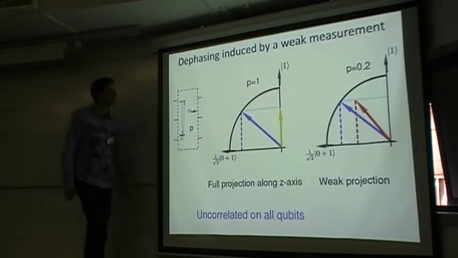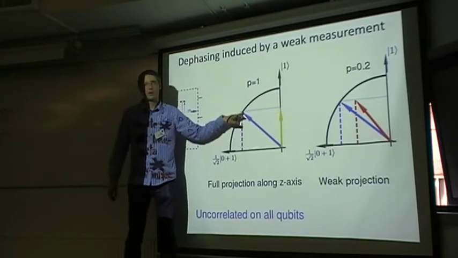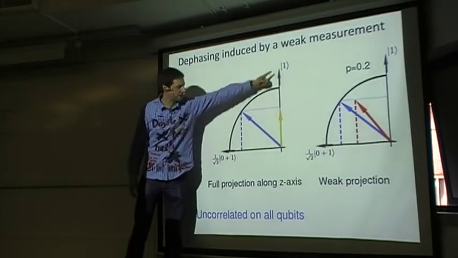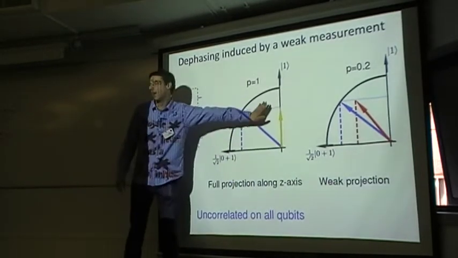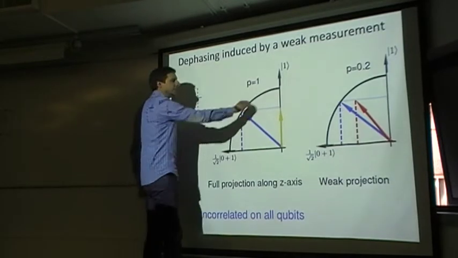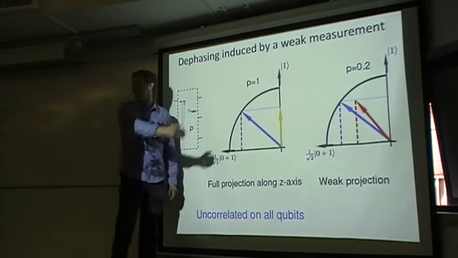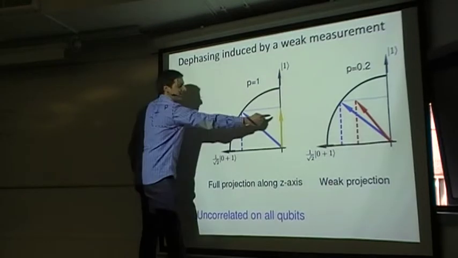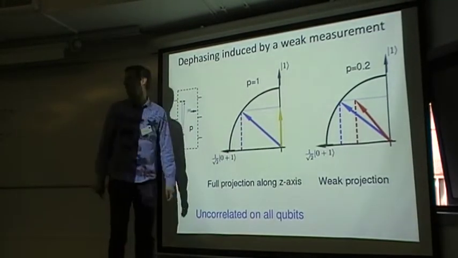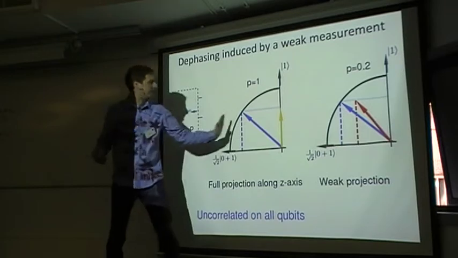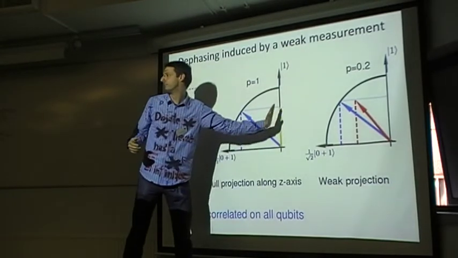Why is that so? For example, let's assume now you have some vector going in some direction. So here's 1, here's 0, and here's just a cut through this Bloch sphere. And if you now project onto the z direction, what will happen is that this component of your Bloch vector will just get lost. It will be just projected onto the z direction.